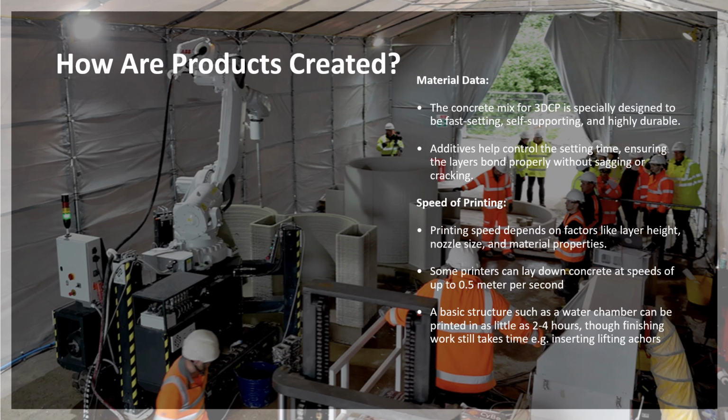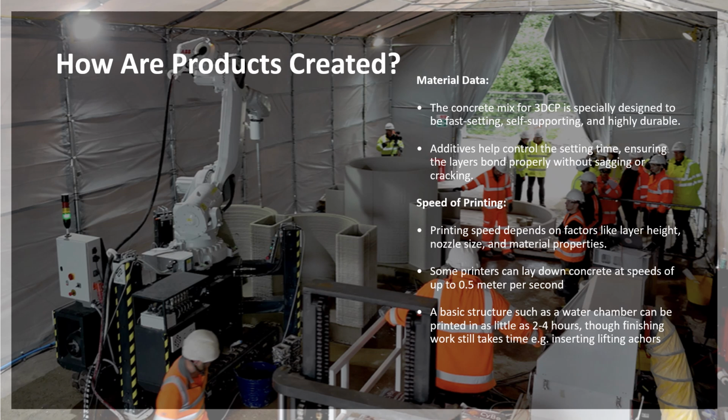This can be much slower if it is a large gantry printer that may be printing across 10 or 12 metres. It can be up to half an hour by the time that that robot has done one loop of a large gantry printed structure, for example.